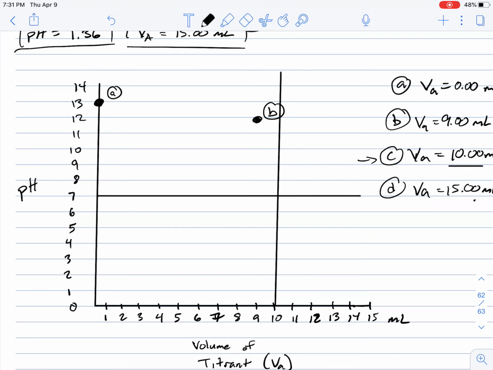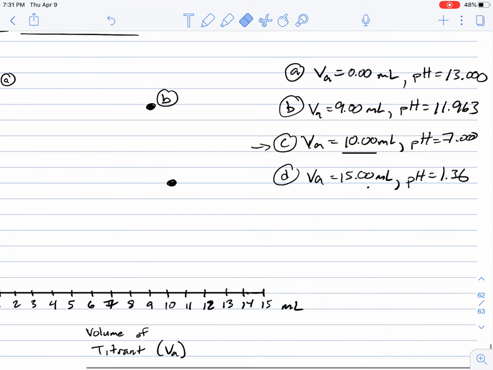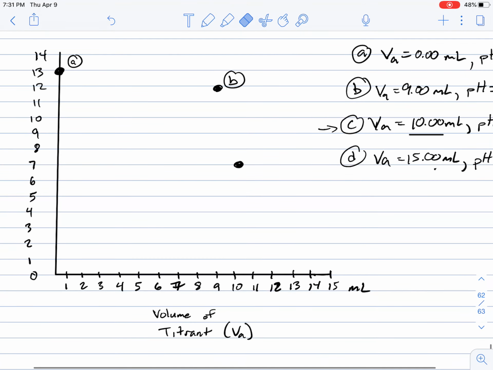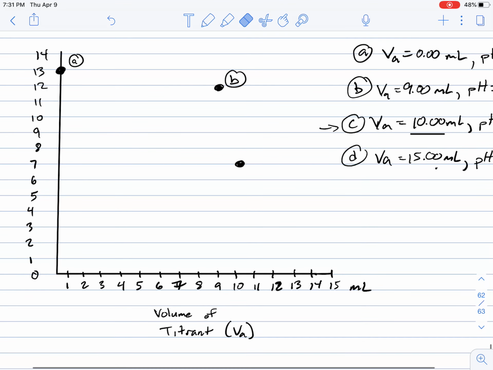Okay, so it's this point. And then last but not least, I have 15 mils, 1.36. So here's 15 mils. And 1.36 is slightly above 1. So this is C, this is D.